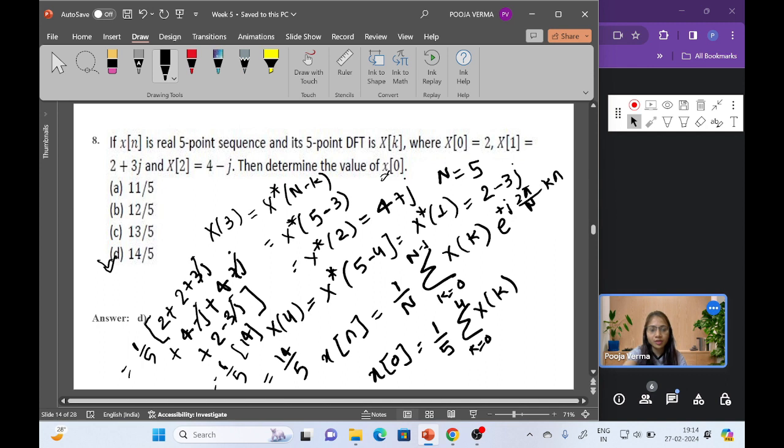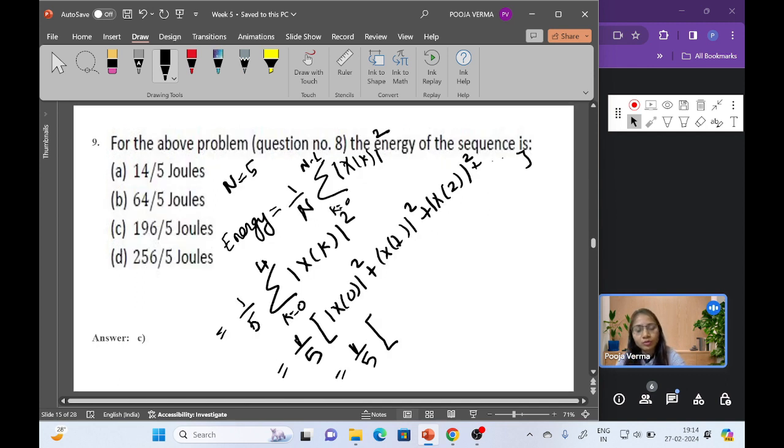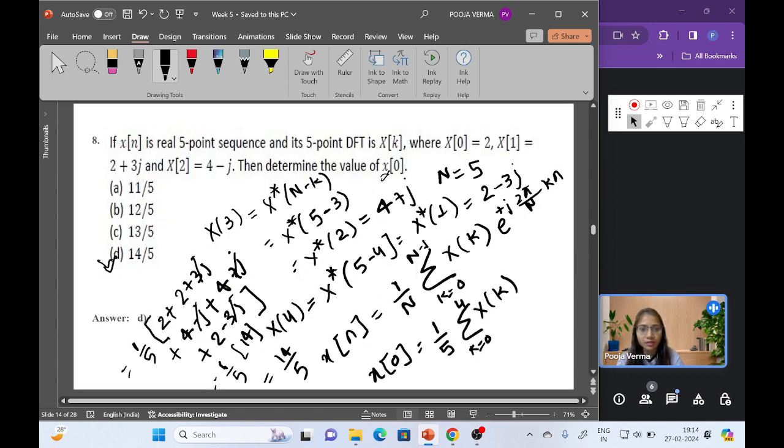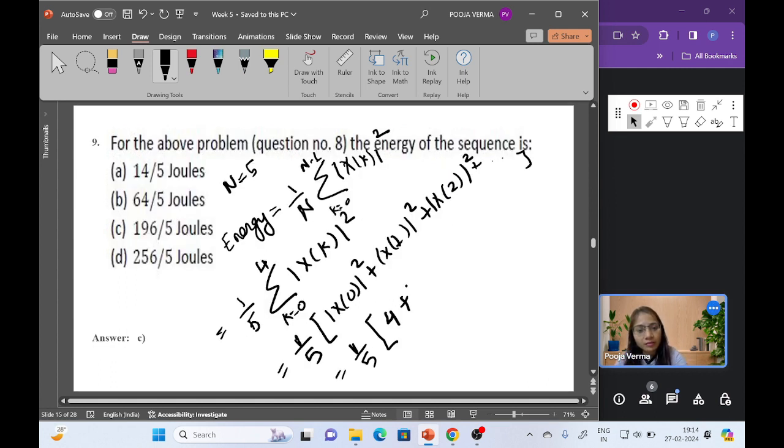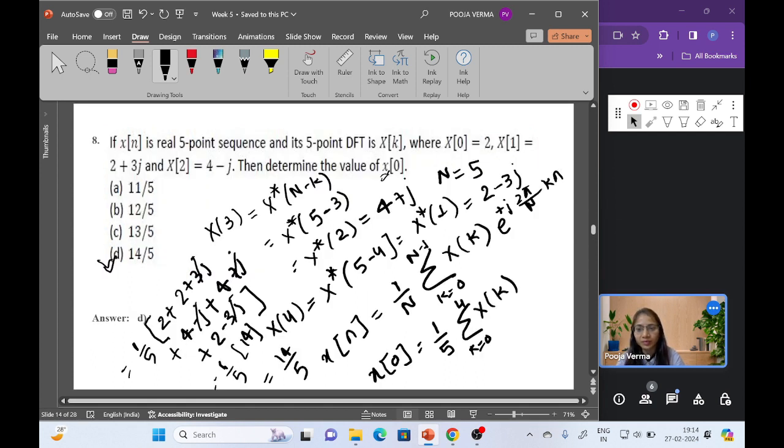So x of 0 is 2 only, so 2 to the power 4, and x of 1 is 2 plus 3j. So what will be the value of mod of 2 plus 3j square? 4 plus 9, 13. Okay, root of 13, so root of 13 square will be 13 only, plus 4 minus j. So 4 square plus 1 square.